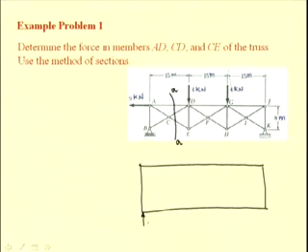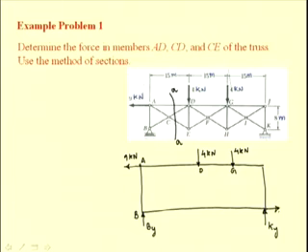We replace the roller at B by a vertical reaction By. We have an applied force of 9 kilonewtons at A, and we have the 4 kilonewton forces applied at D and G. The pin connection at K is replaced by 2 components of reaction, Kx and Ky.